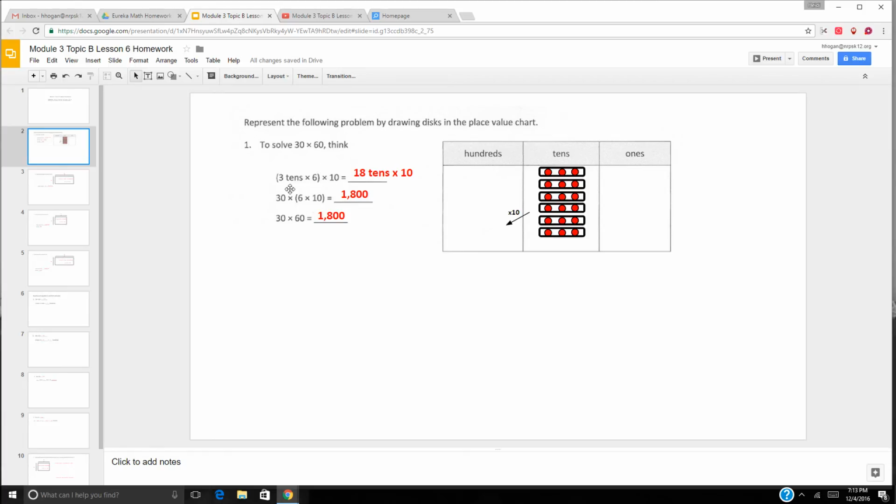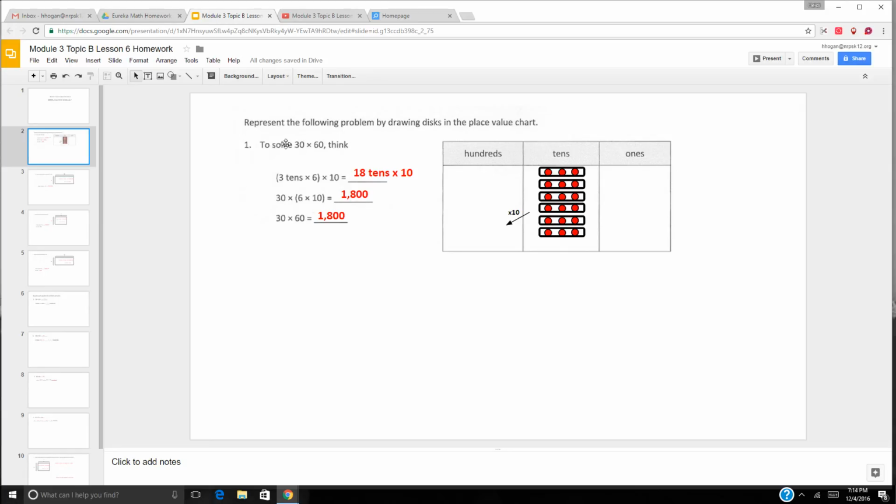So 30 times 6 times 10, 18 tens times 10 is 1,800. 1, 2, 3, 4, 5, 6, 7, 8, 9, 10, 11, 12, 13, 14, 15, 16, 17, 18. So 18 tens times 10 is 1800s, or 1,800.